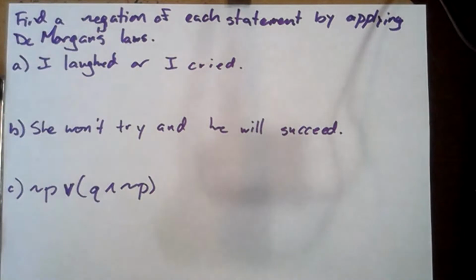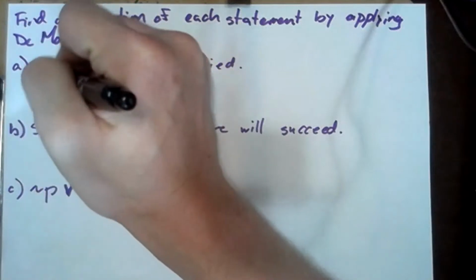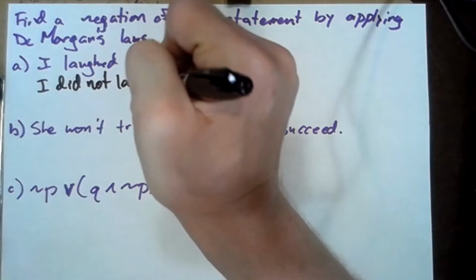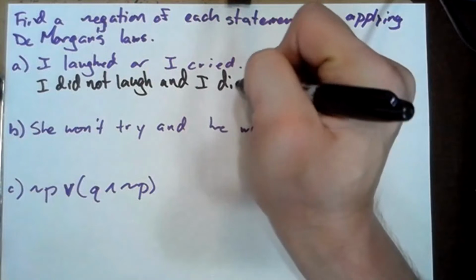Not I laughed or I cried. The negation of this is going to be I did not laugh and I did not cry.